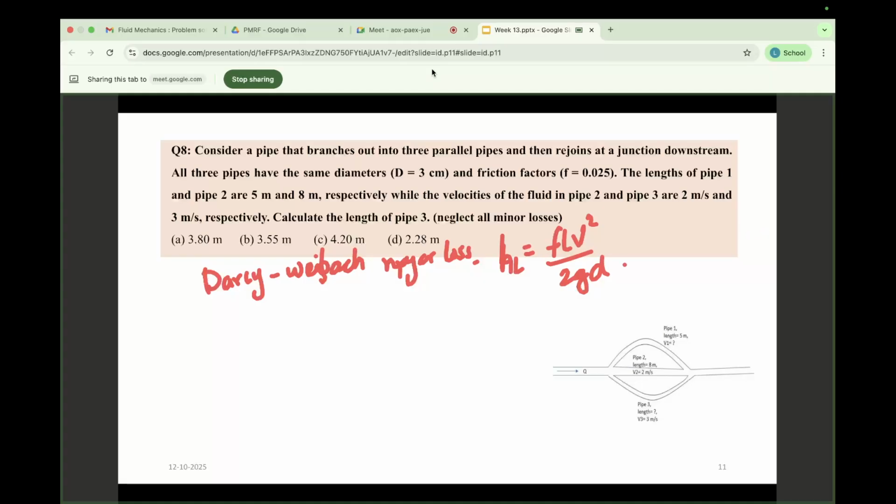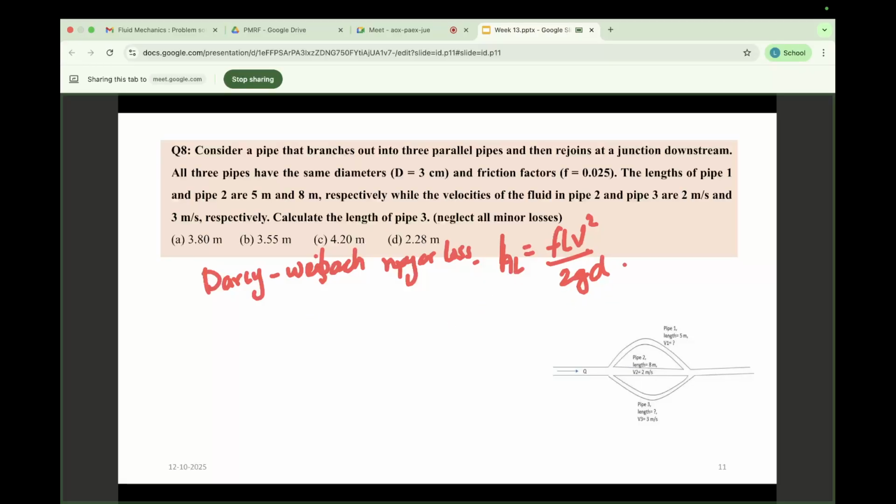So it's the same pipe. Say these three pipes. What is the same in these pipes? No information is given about other parameters. It is only given that f and d are the same for all of these, right? So f and d are the same.